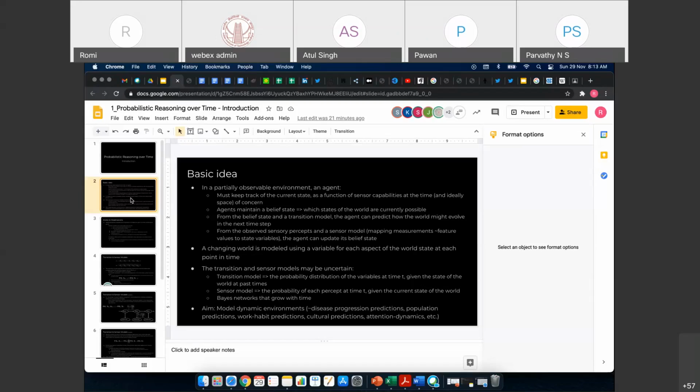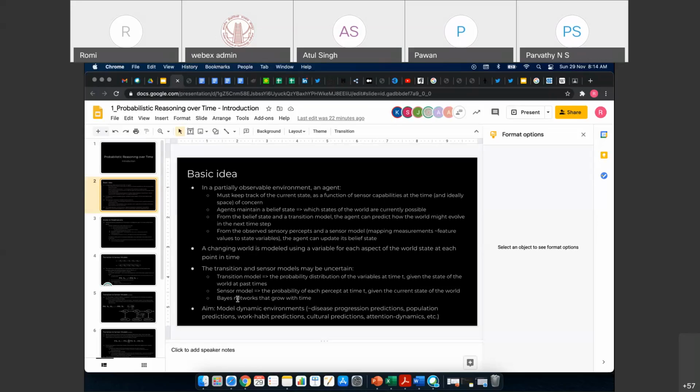Okay, so just like I mentioned a couple of minutes ago, probabilistic reasoning over time is a way of designing Bayesian networks that grow with time. We are not talking about the ones that are just fixed for life. And again, they model dynamic environments, disease progressions, population growth predictions, work habit predictions.